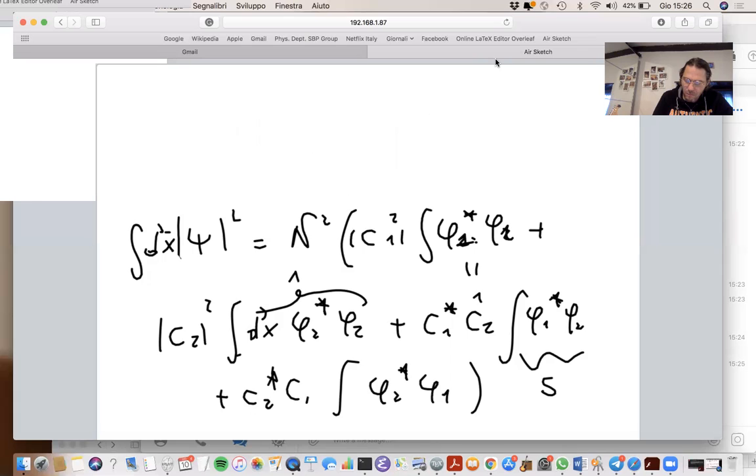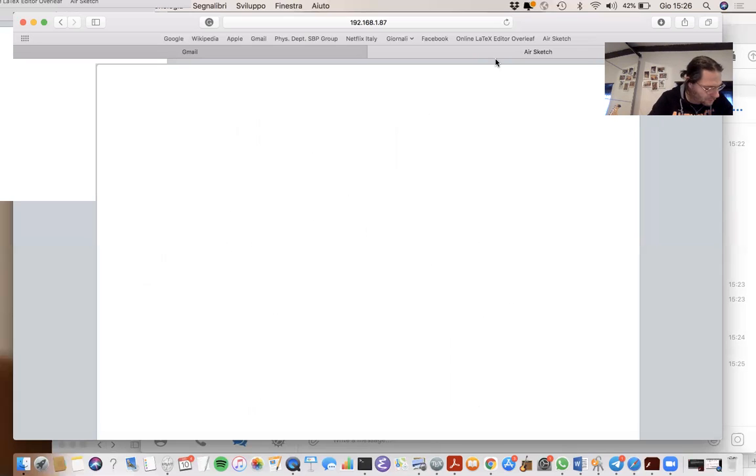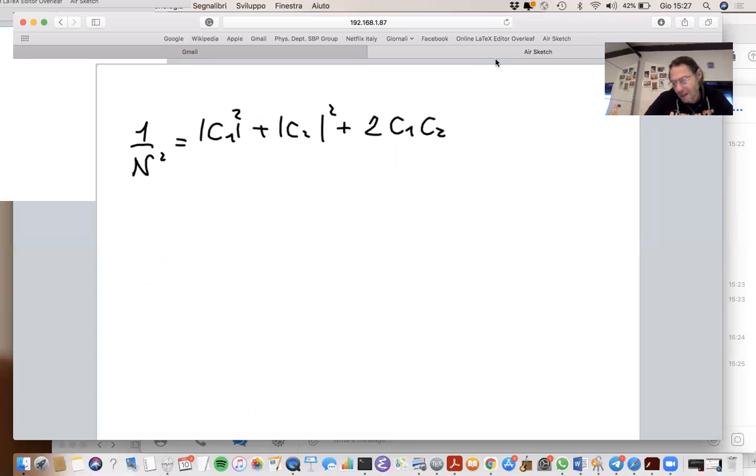So basically what we arrived at is that 1 over N squared, the normalization squared, must be equal to C1 modulus squared plus C2 modulus squared plus 2 C1 C2. Well, if C1 and C2 are complex, then in principle you have C1 star C2 plus C2 star C1.